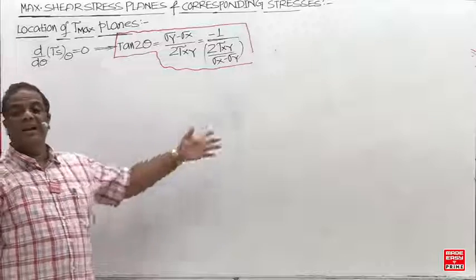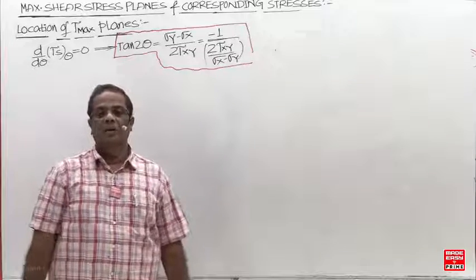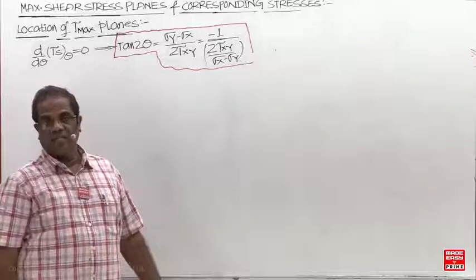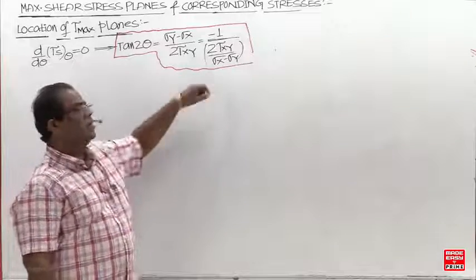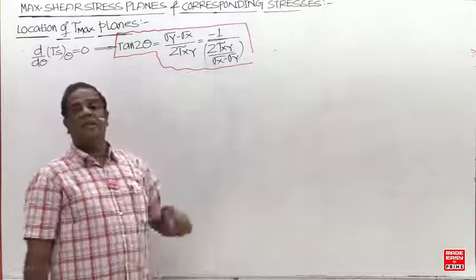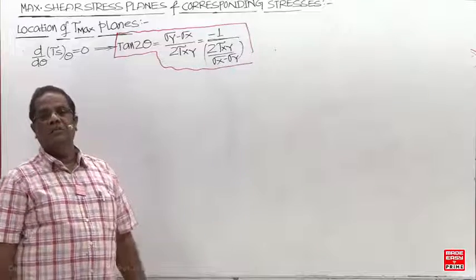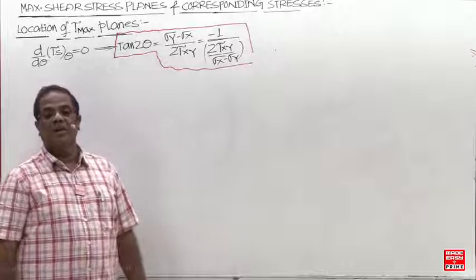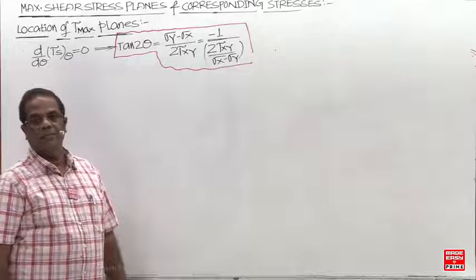For all this calculation, what is the input data? The state of stress, that is sigma x, sigma y, tau xy, is going to be required. This denominator term represents the principal plane location: tan 2 theta equal to 2 tau xy upon sigma x minus sigma y.